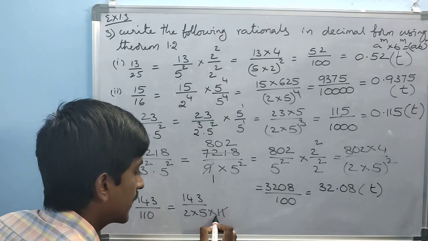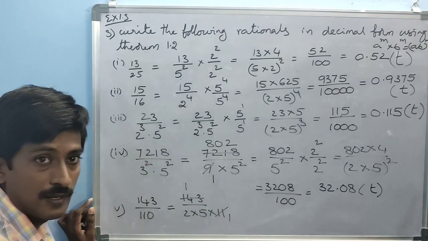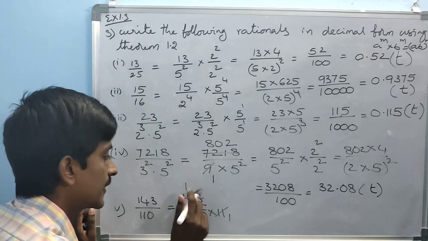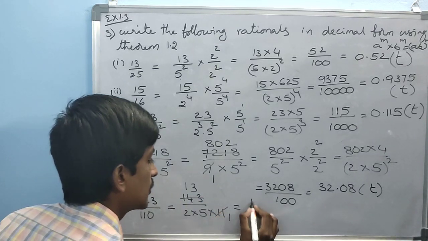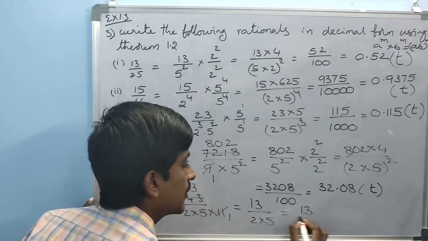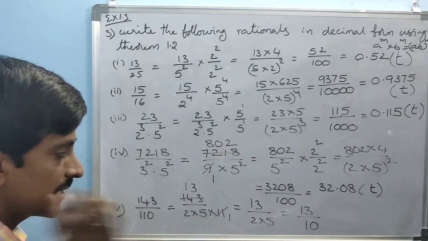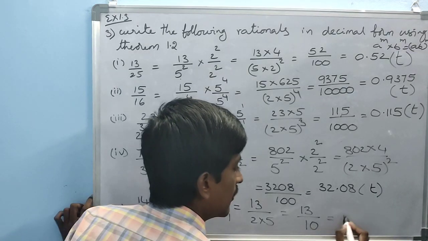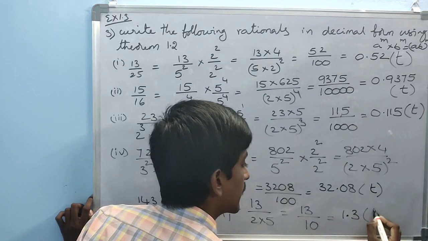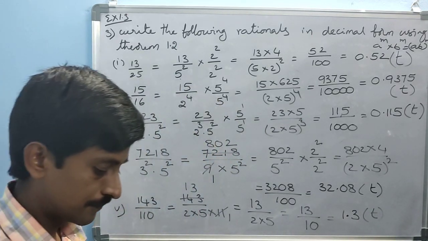So if you take 11 1 times, 11, 3 remainder 3, 3 3s are 33, 13 times. So 13 by 2 into 5, 10. So 10 is the denominator. That's why 1.3. It is also a terminating decimal.